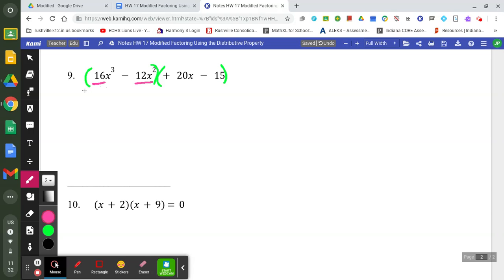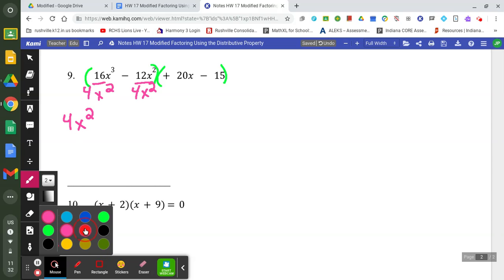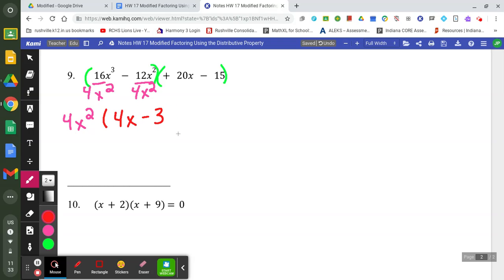But that's it. So 4, and then the smallest exponent is x squared. So 4x squared. And then I do my dividing. So 16x to the third divided by 4x squared is 4x. Then negative 12x squared divided by 4x squared, negative 3.